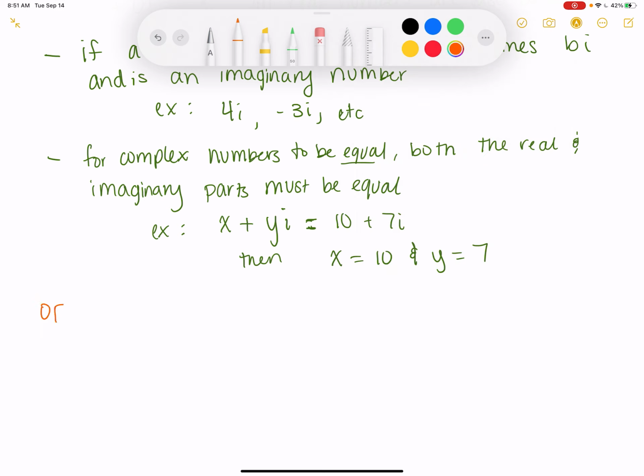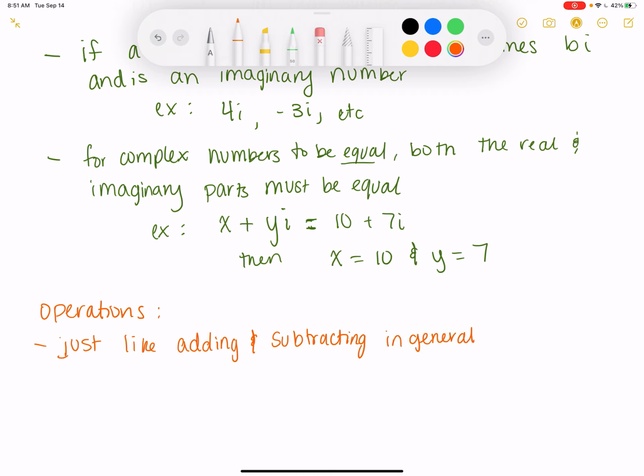All right, operations. Just like adding and subtracting in general, require like terms.